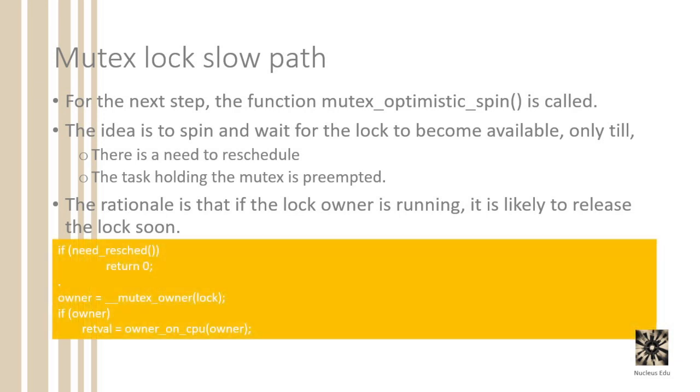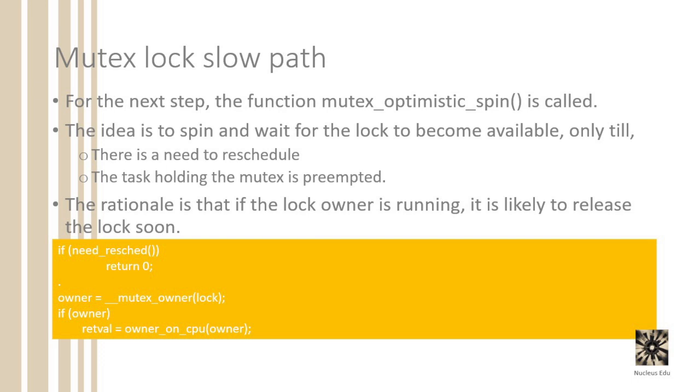And when you look at this optimistic spin function, this is the most relevant part of the code, where it checks these two things. It checks whether the current task needs rescheduling, then it returns, and then it gets the owner, and it checks whether the owner is on a CPU or not, which means whether it's running or not. If that fails, then also it comes out of the second step, which is this optimistic spinning.